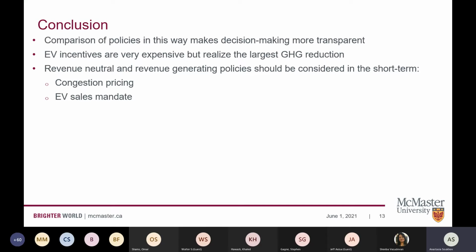Quebec is now encouraging or requiring certain manufacturers to sell a certain percentage of electric vehicles, and also congestion pricing. While modeling it may be tricky, it will be in the short term revenue generating and will induce a reduction in greenhouse emissions, which may also be able to feed further greenhouse gas emission reduction policies, which are more expensive.